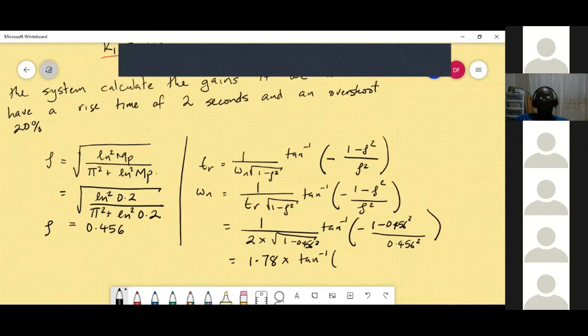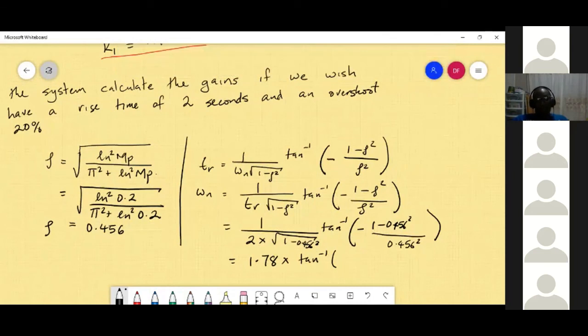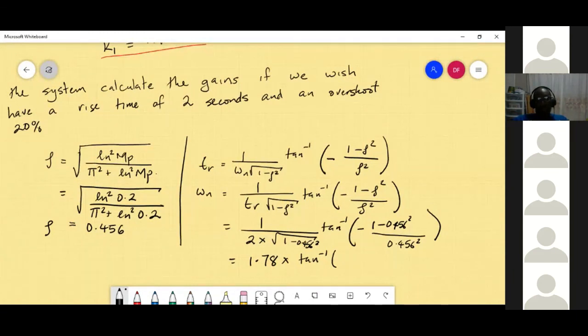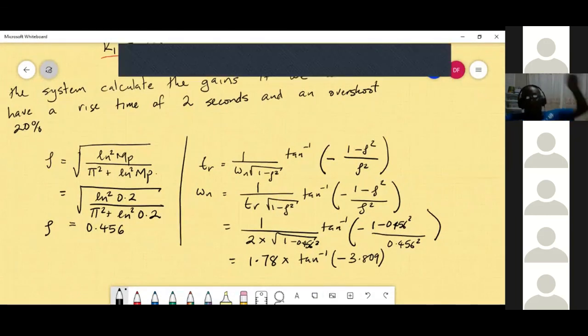Now, here's the part. So the square root of 1 minus 0.456 squared, divided by 0.456. When you reach up to here, tell me so we can have a little discussion.